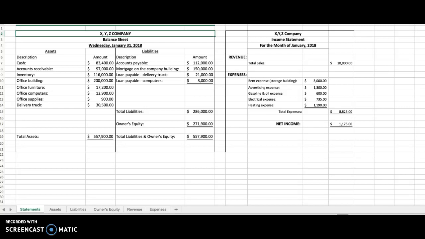You'll need to know what assets are, liabilities, owner's equity, revenue, and expenses, but you also need to know the increase sides and the decrease sides. For all the accounts, debit always is the left side, credit is the right side. That's easy. But the increase side and the decrease side vary from account to account. So you need to spend some time memorizing that.